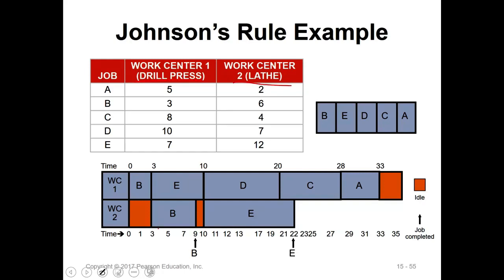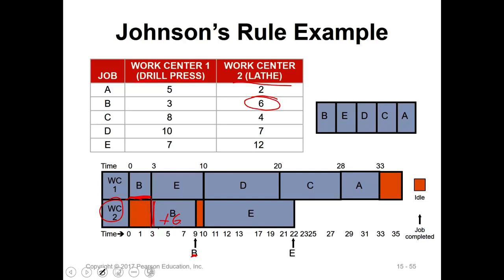And for B at work center 2, you cannot start until the first work center is finished. So the starting point will not be 0. The starting point will be 3. Here is B. B is going to take 6 time units. So 3 plus 6 equals 9. So B finishes at 9.